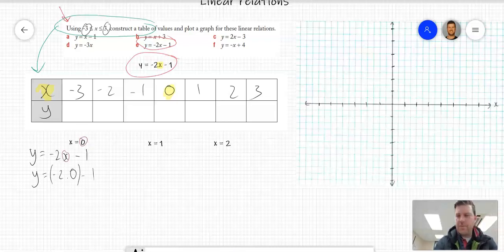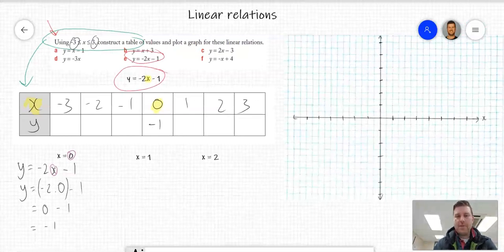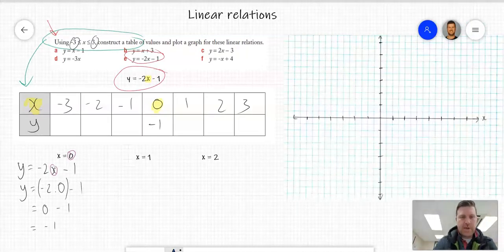My order of operations tells me I'm going to do the multiplication first. -2 times 0, well, anything times 0 is 0. I'm still going to subtract 1 from that. 0 take 1 is -1. So when x is 0, y is -1. That's my first coordinate: (0, -1). Remember, the x value first and then the y value second.